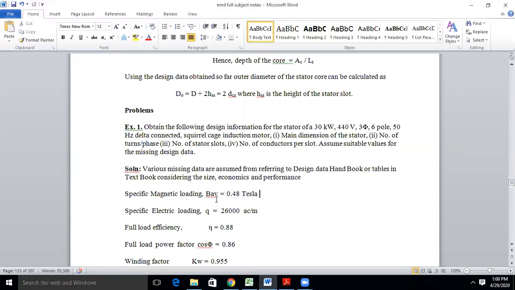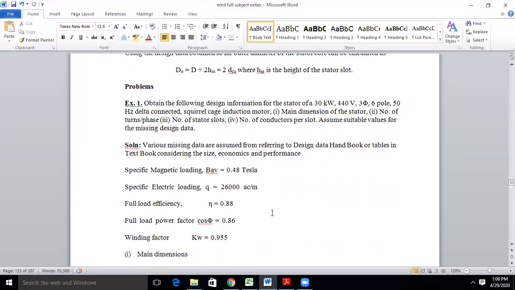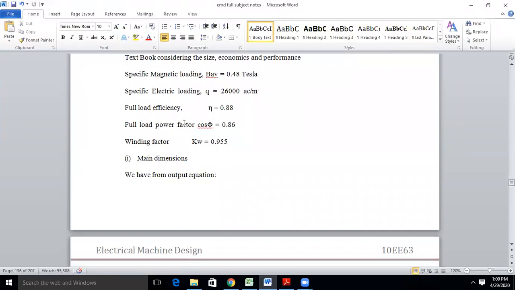Then the specific electric loading is also given, this is 26,000 ampere conductor per meter. Then the full load efficiency is given, that is 0.88. The full load power factor is given, 0.86 cos phi. Then the winding factor Kw is given. So now we need to calculate the main dimensions.